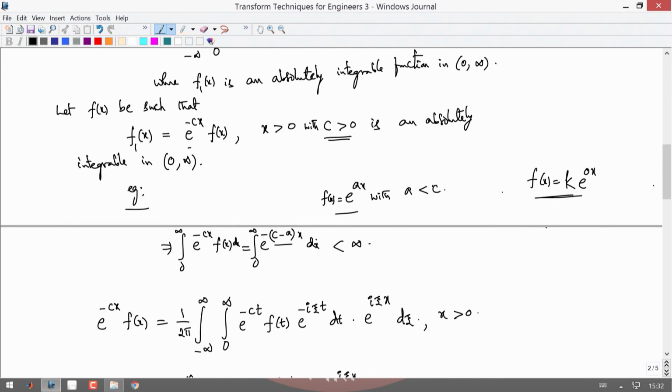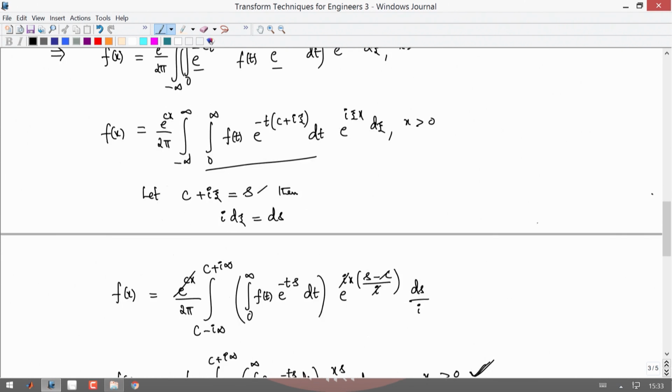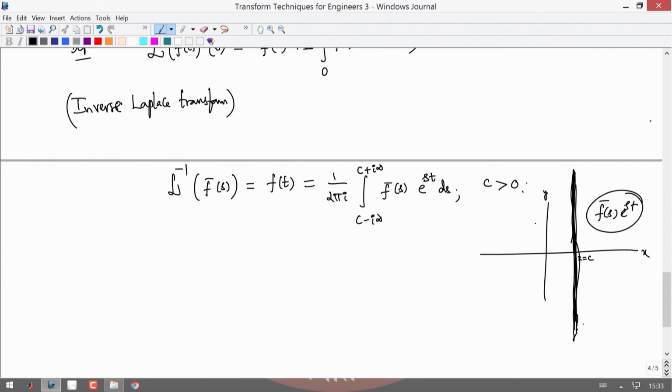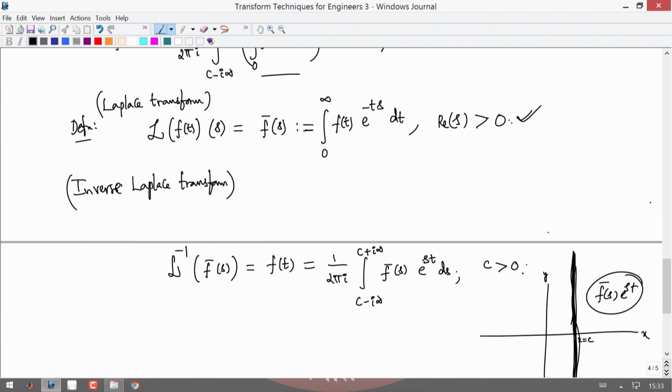Okay. So, this into e power minus cx is absolutely integrable. So, in that sense we actually consider all such functions for which you can define this Fourier Laplace transform and its inverse transform.